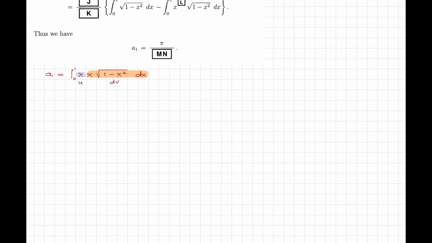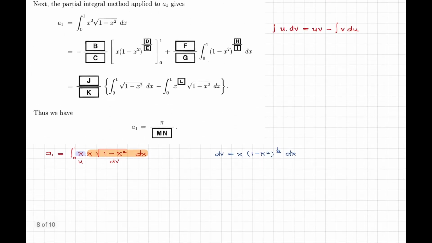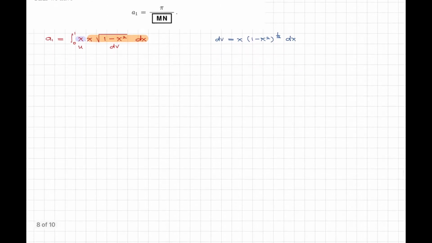So if dv equals x times 1 minus x squared to the power of half dx, to obtain v we should integrate this expression. If I integrate both sides, I get the integration of dv equals the integration of x times 1 minus x squared to the power of half dx.